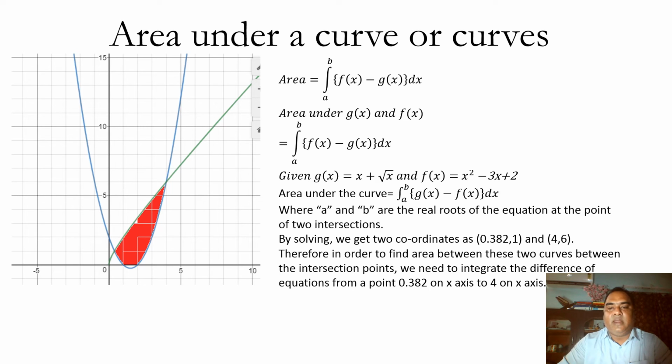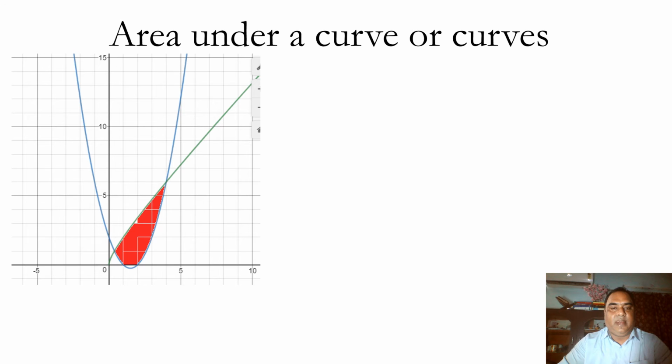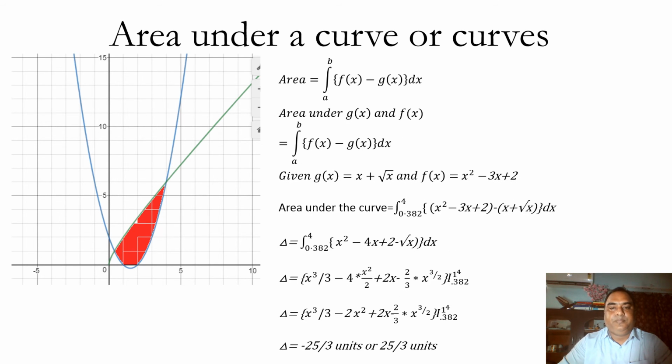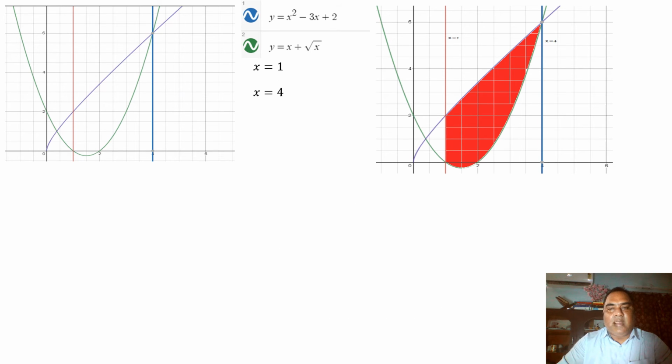We need to do the integration from 0.382 to 4. By doing so, we get this particular equation shown here, and by applying the definite integral, we get the answer as 25.3 units.